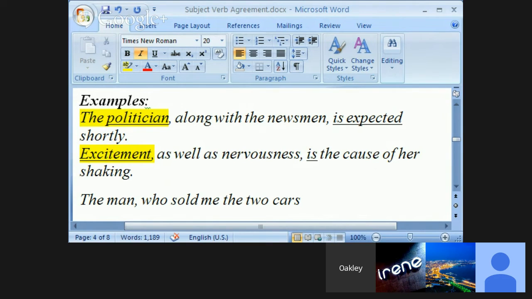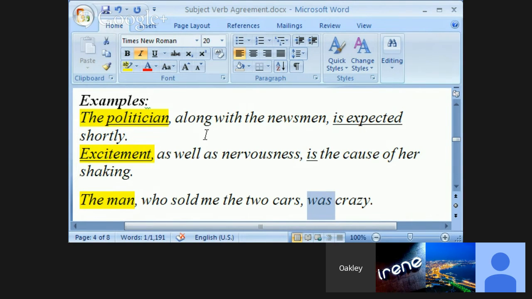Don't get confused. Our subject is still the man. So the man who sold me the 2 cars was crazy. Okay. All right, not were. The cars weren't crazy. The man was crazy. Who was crazy? The man. So there's your subject noun, but your verb is down here.